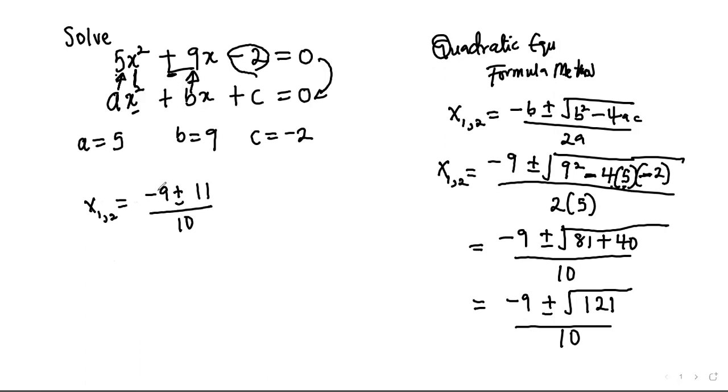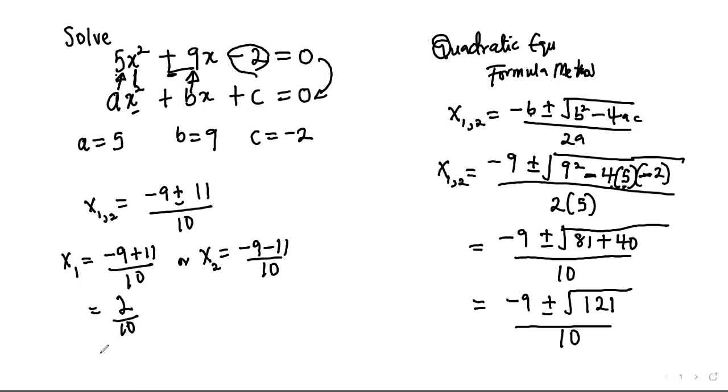Now at this point, we can separate the plus and the minus. We can say let x1 be equal to minus 9 plus 11 over 10, or x2 becomes minus 9 minus 11 over 10. Minus 9 plus 11 is no other number but 2 over 10, and finally we've got 1 over 5.